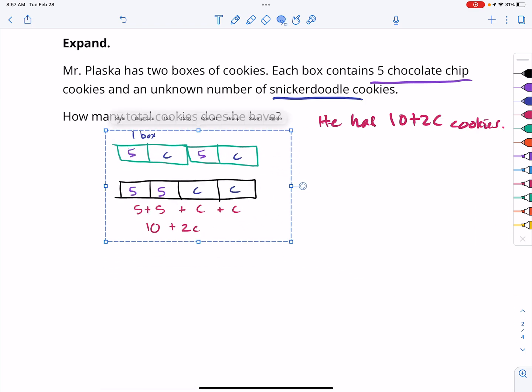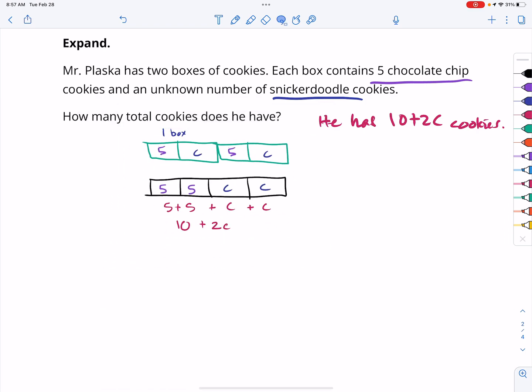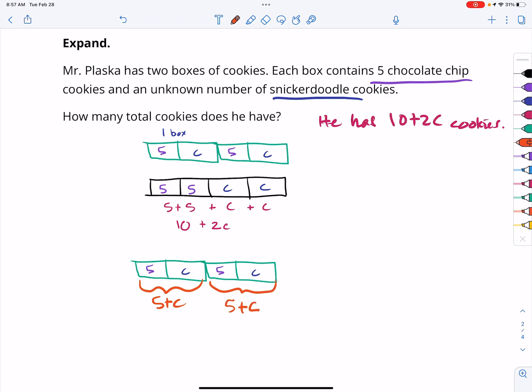So I'm going to shrink this down a little bit and give myself some room here. If I pull this back down here, this shows in one box we have 5 plus C cookies. In your next box, you also have 5 plus C cookies. So this means here we have 2 groups of 5 plus C cookies.